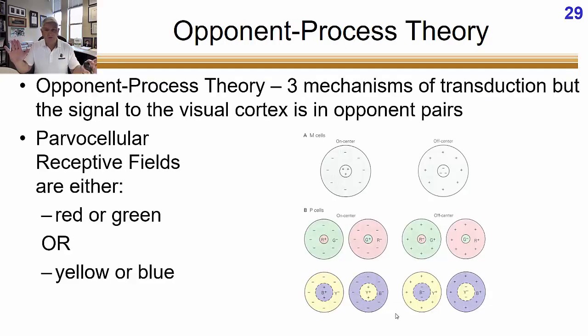That's all I'm going to talk about that right now because it starts getting really complicated. We'll come back to that when we talk about color coding in the cortex, when we talk about the blobs and V4 a little bit, because they're going to get the signals, the outputs from these center surround opponent processes. But just know that this is going on in that convergence of the signal to get from all those 120 million receptors down to 1 million inputs into the brain.